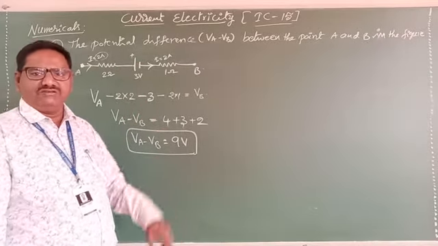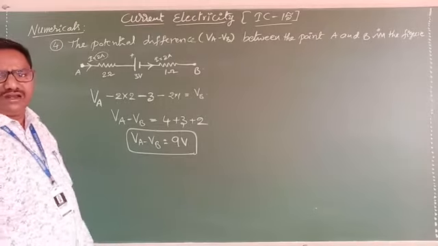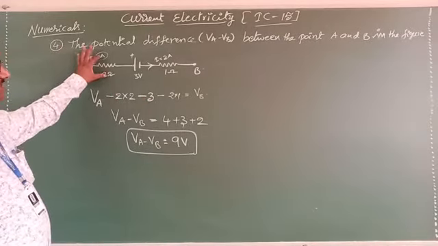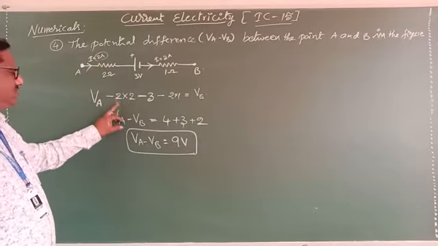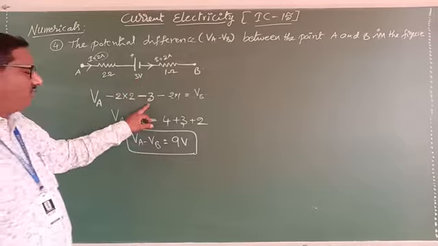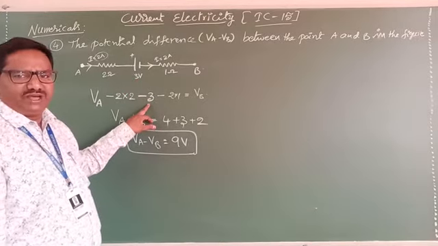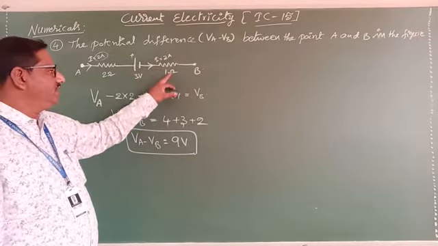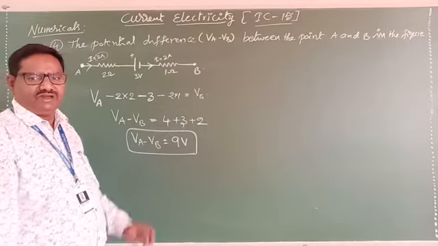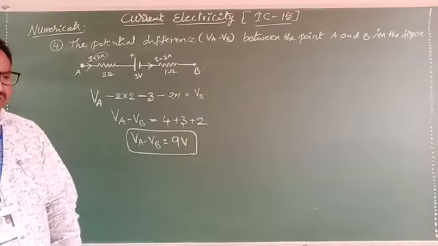These are two sign conventions you must remember. Here the potential is current into resistance, that is 2 into 2. Here the potential is given directly as 3 volts, which I wrote with a minus symbol. Now 2 into 1 is equal to the potential at point B. Very simple sum and easy circuits.